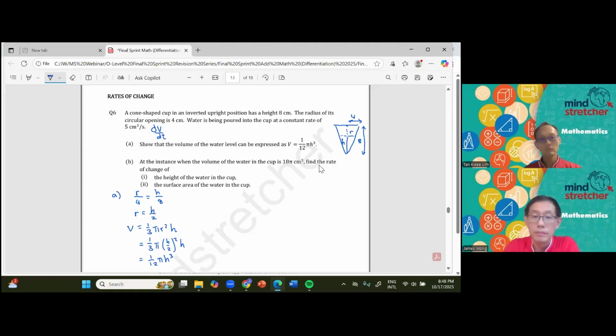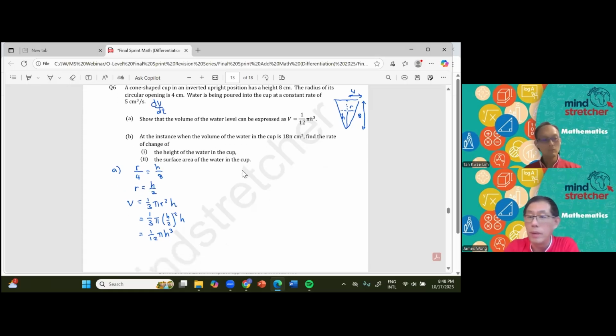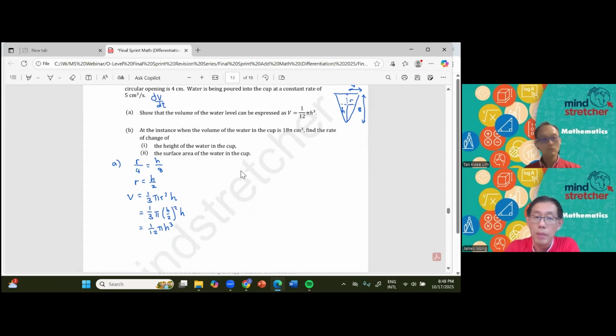Okay, so this is the volume of my water. At any level, it can be represented by this equation. So I can use that to solve for my part B. So at the instant when the volume of the water is 18 pi cm cubed, I want to know what is the rate of change of the height of the water.